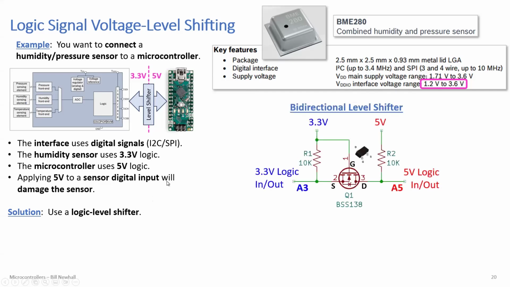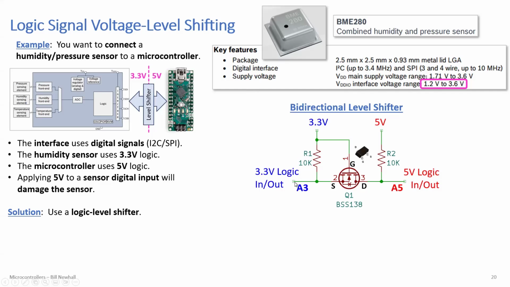A really clever way to use a FET, here's a MOSFET here, to be a bidirectional level shifter is to do this. This is that circuit. And this circuit is cool because if the left side, A3, that's the 3.3 volt side, is an input, and the right side, A5, 5 volt logic, is an output, then you can apply voltage on the left side, and the correct voltage will come out on the right side.